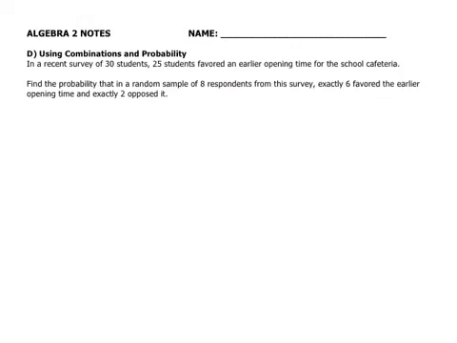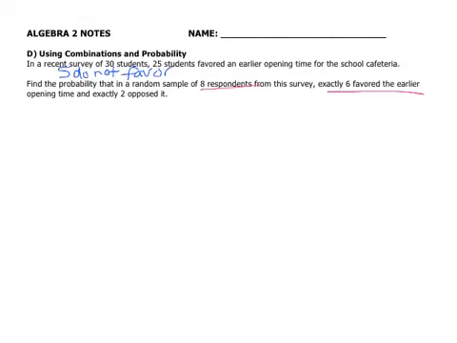Exactly. From that, what we know is that 5 do not favor it. Because maybe they like a later lunch. I don't know. All right. Find the probability that in a random sample of 8 respondents, exactly 6 favored and 2 opposed it.